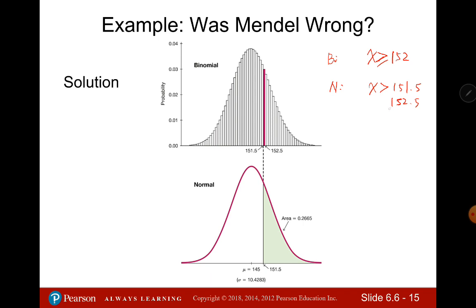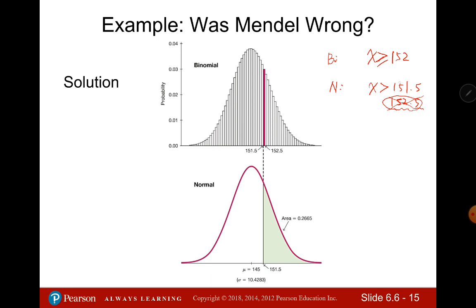Let's check if we pick this as the value after the correction: x greater than 152.5. Is it possible to get 152? No. It's greater than 152.5, so 152 is excluded. So this one is not the correct one.